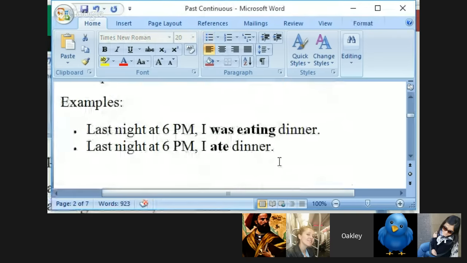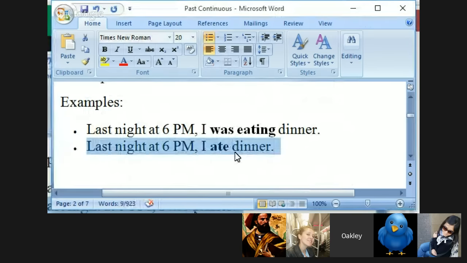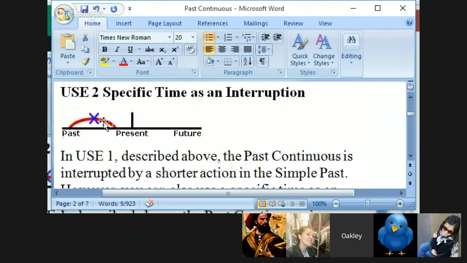Whereas the other one is telling us what time the person had the dinner. So it's a different concept. It's the same but different, you know? Yeah, in the first one, it's just as the diagram says.